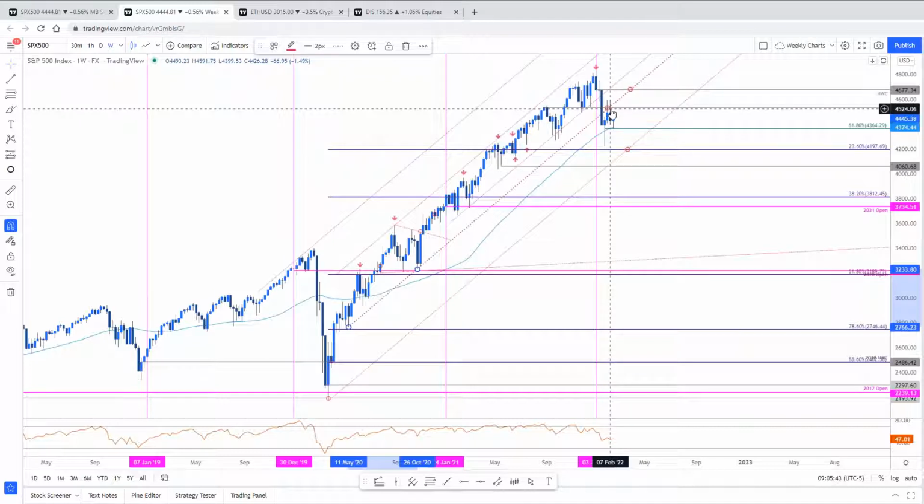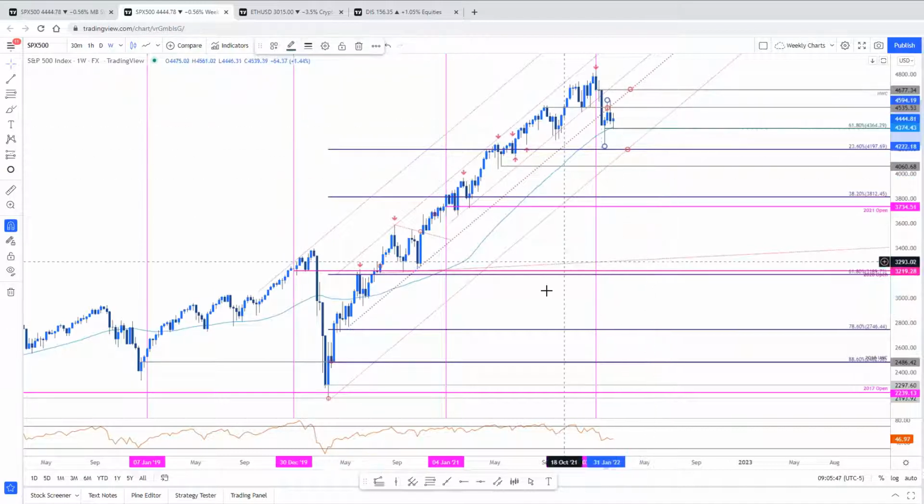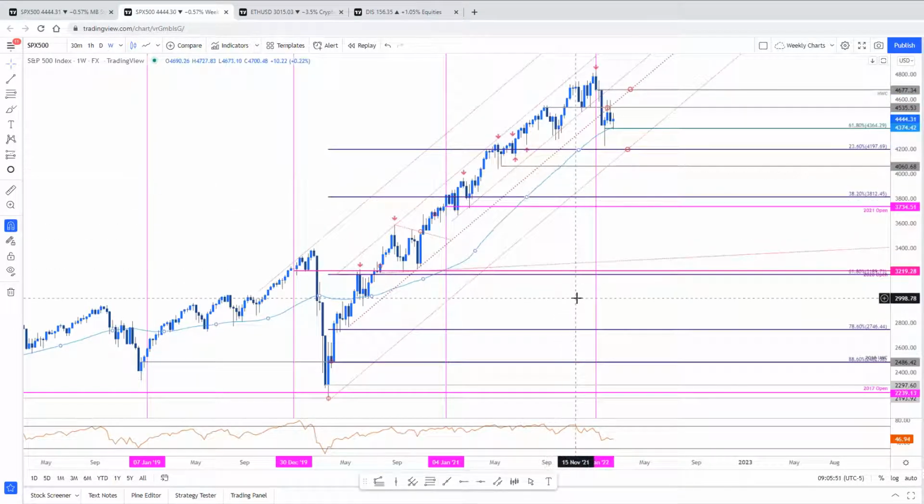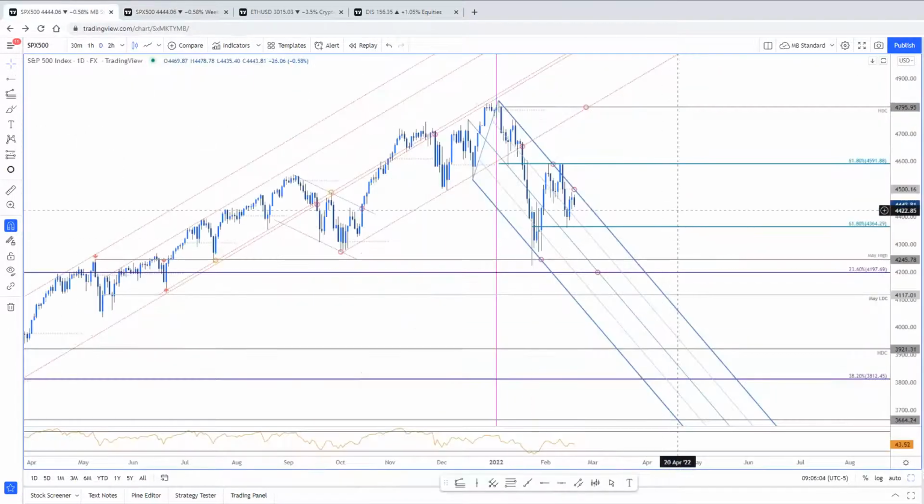Key support we highlighted was very well defined as well. That's the 618 of the rally off the low, which converged on the 52-week moving average. So any way you slice it, 43.64, 43.74, it's critical support near term. On the daily chart, looks like this.